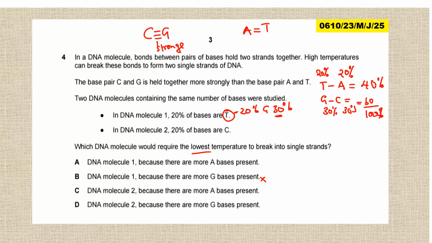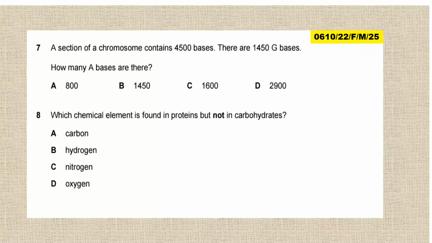But for this second one, if it's 20% of C, which is same as 20% of G, so 20% of this, which means it has A of 30%. So more of the A are easy. So in other words, DNA 2, because there are more of A bases present. So this is the answer. I guess you've gotten something here.